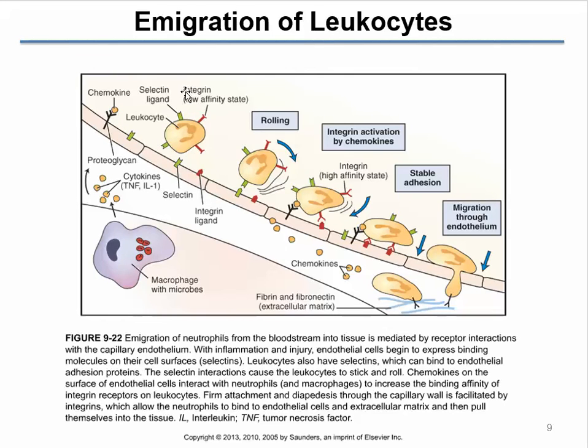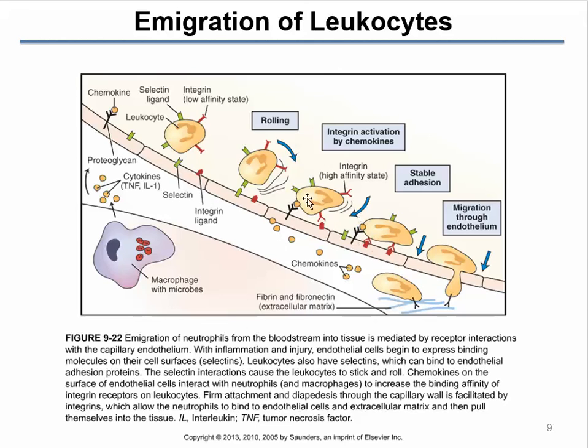The selectin is basically a protein on the endothelial cell, and it acts as a receptor. The ligand that goes to that receptor is on the white blood cell. When the ligand meets the selectin, it causes it to stick and then roll, and then the rolling makes another molecule called an integrin make the cell stick.